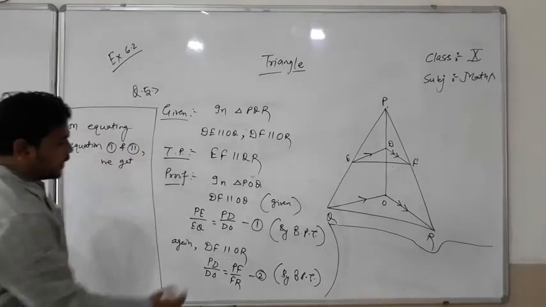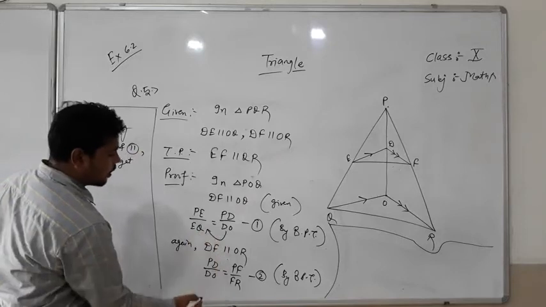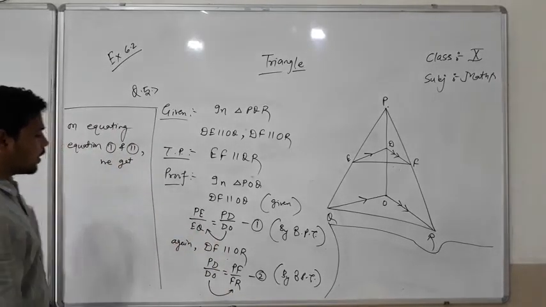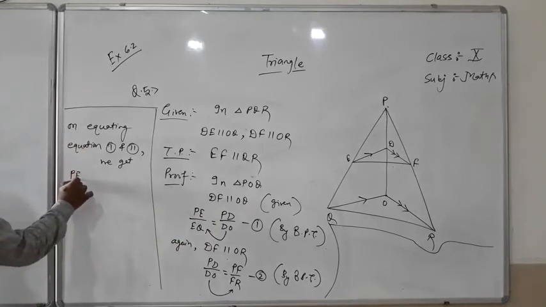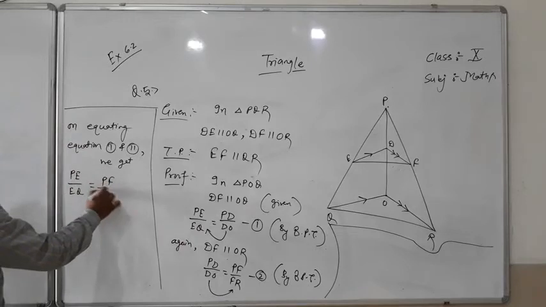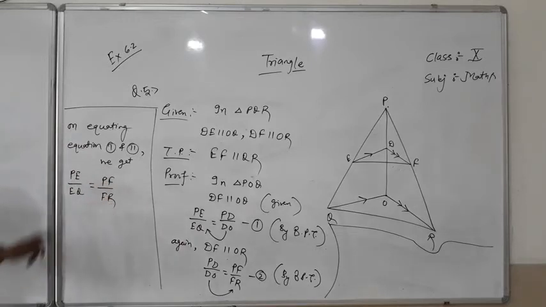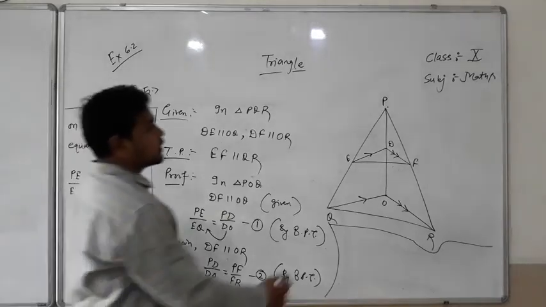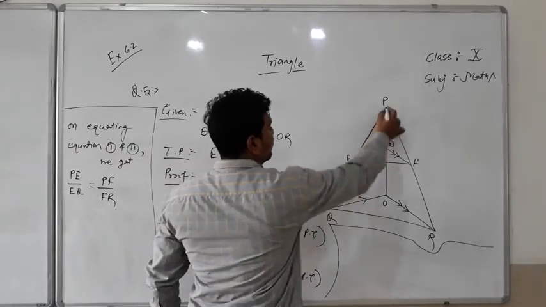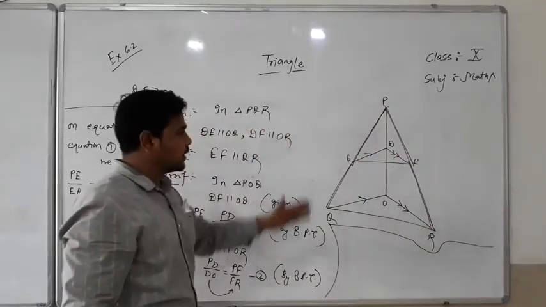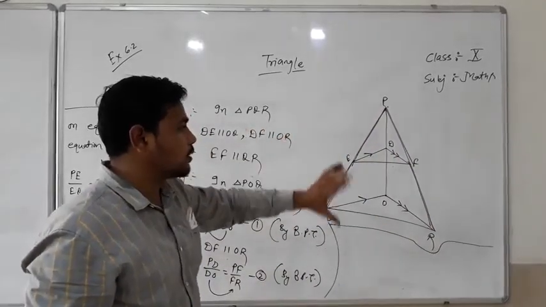देखिए बच्चों, PD upon DO is equal to this part and PD upon DO is equal to this also. So these both are equal. PE upon EQ is equal to PF upon FR, means this ratio PE upon EQ is equal to PF upon FR. This ratio is same. This upon this is equal to this upon this.